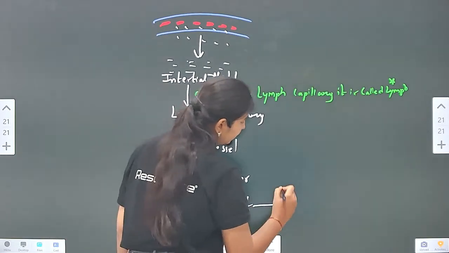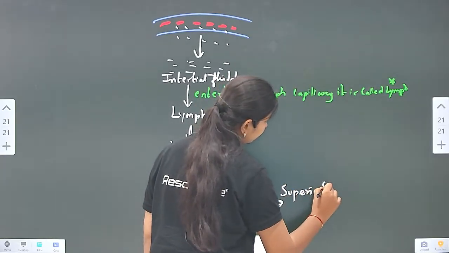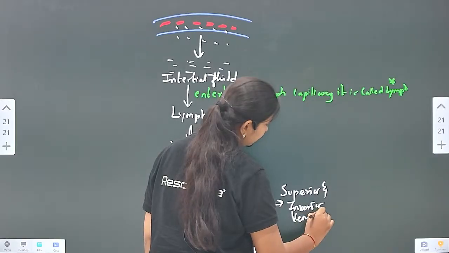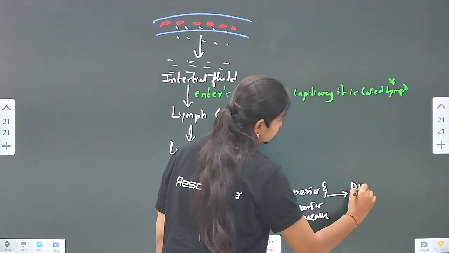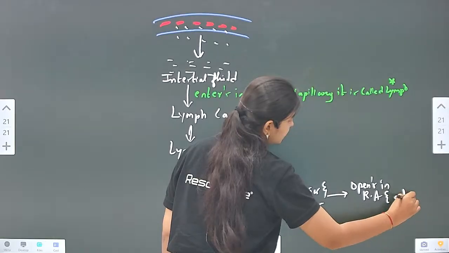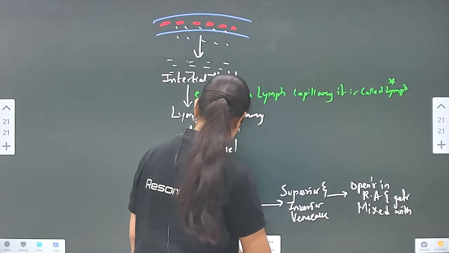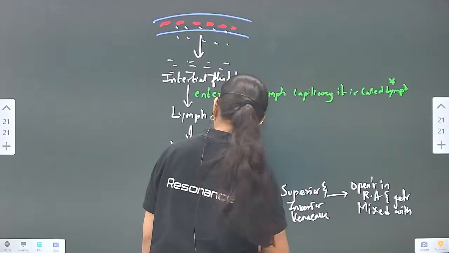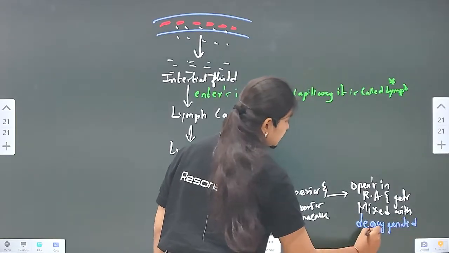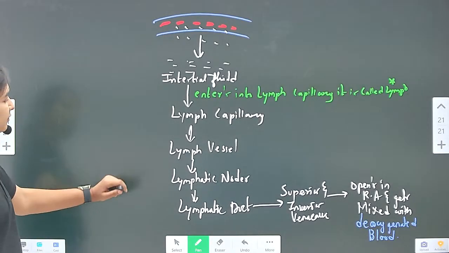It opens into the superior and inferior vena cava, then into the right atrium and gets mixed with the deoxygenated blood. Clear? Fine?